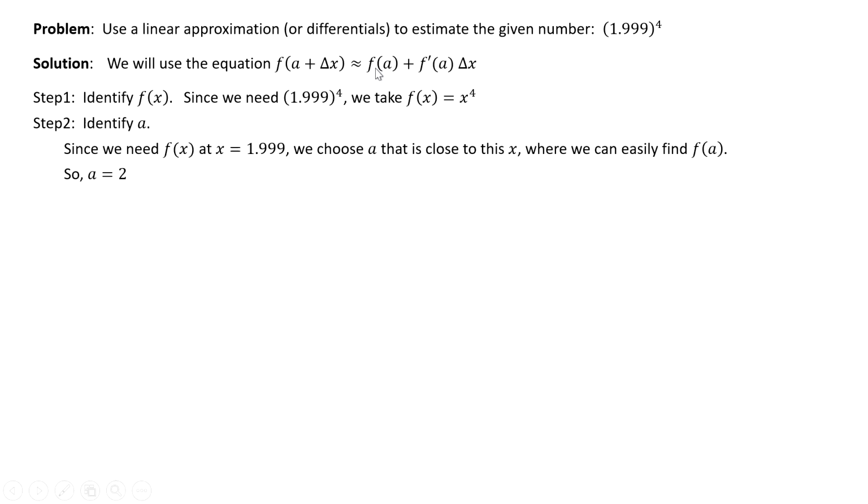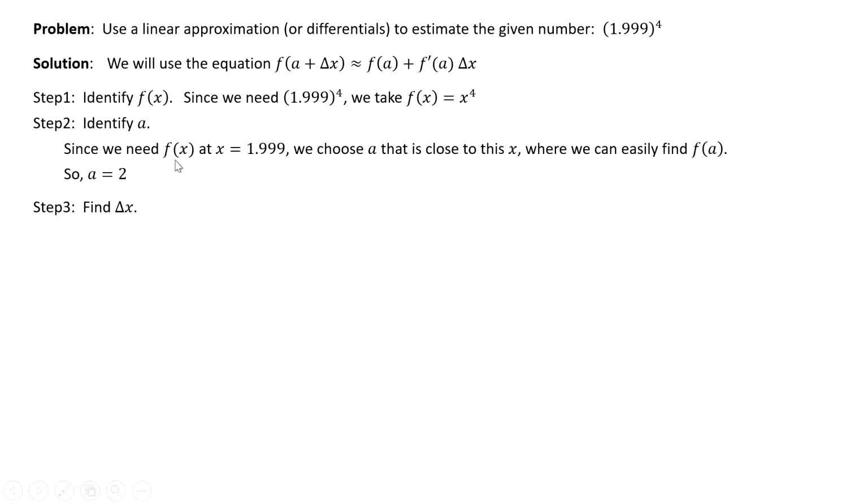So that means we can find f of a, 2 to the 4. Good. What else? We need delta x. Step 3. How do we find delta x? Here is the idea. As soon as you find a, you will say a plus delta x is equal to whatever this number is that you need to figure out f for.